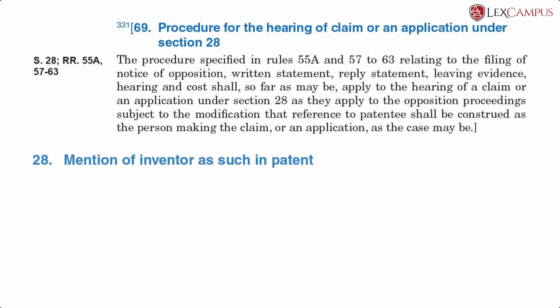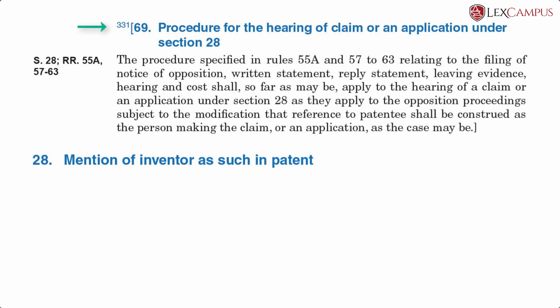So, if it is a 28 proceeding, you do not call that person an opponent, you call him a claimant, okay. And still the claimant will file his statement, the applicant whoever wants to oppose it will file their counter and the claimant will get another chance to make a statement based on certain issues, and there will be a hearing, there will be evidence that will be given, there will be a hearing notice, there will be an order and there can be a finding on costs.